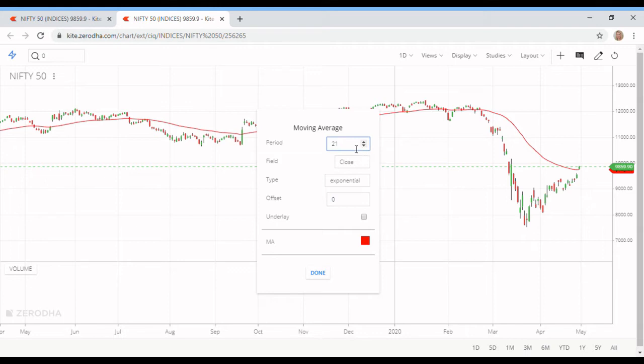If you are a long-term investor and you need a support and resistance level to enter and exit the trade, you can use the 200 level, which is used by most of the traders and investors as well. So let's say I take the exponential moving average for the last 200 periods.